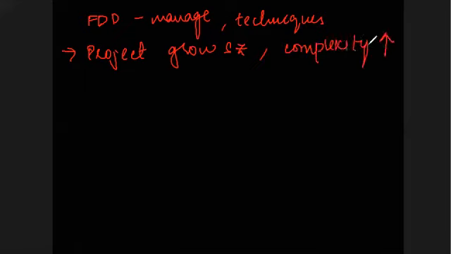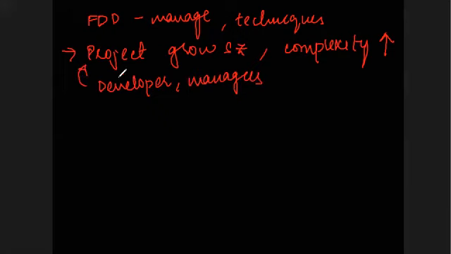As the size and the complexity of the project increase, it becomes very difficult for the developers and the managers to manage what work is being done. It becomes difficult to manage the project, and the deadline of the particular project is also going to come soon.